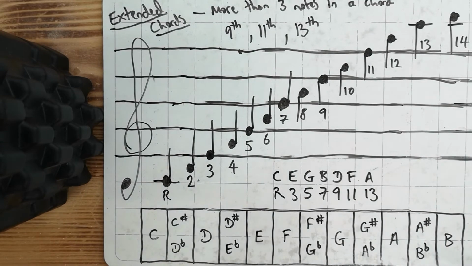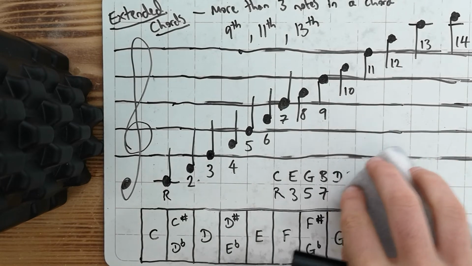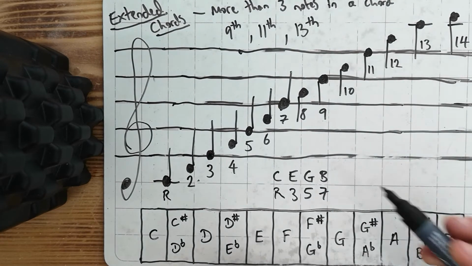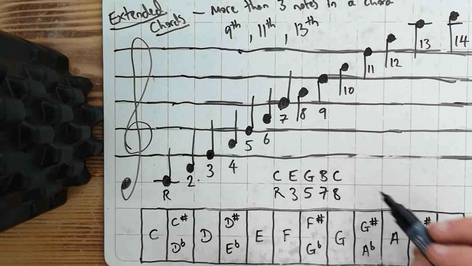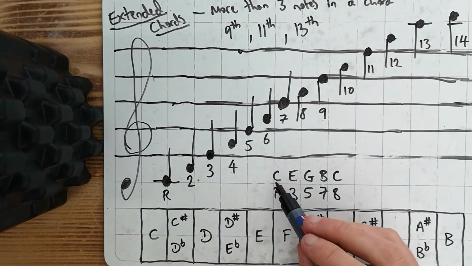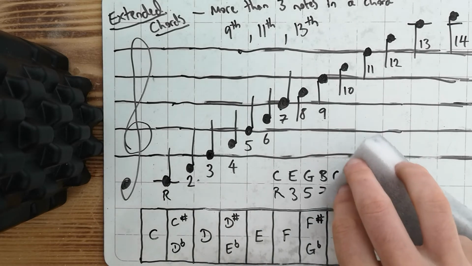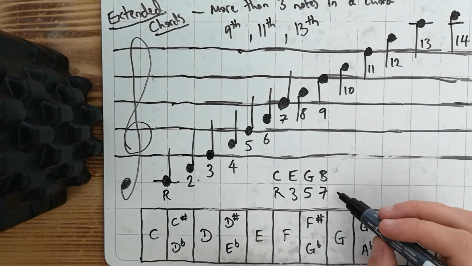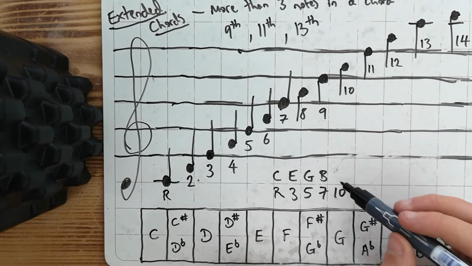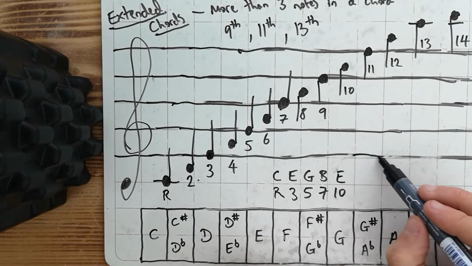You don't really get things like 12th chords or 10th chords or 8th chords, and the reason is, okay, if I take that out, 8 is just C again. Okay, so we've already got that. That's our root note. 10, you might be able to see where this is going. 10 is just E, which we've already got.